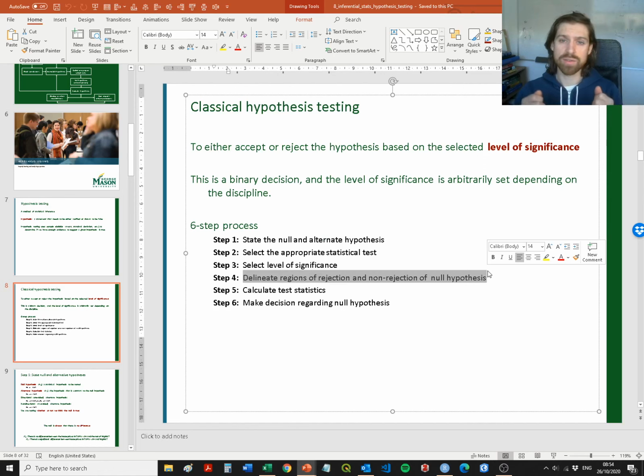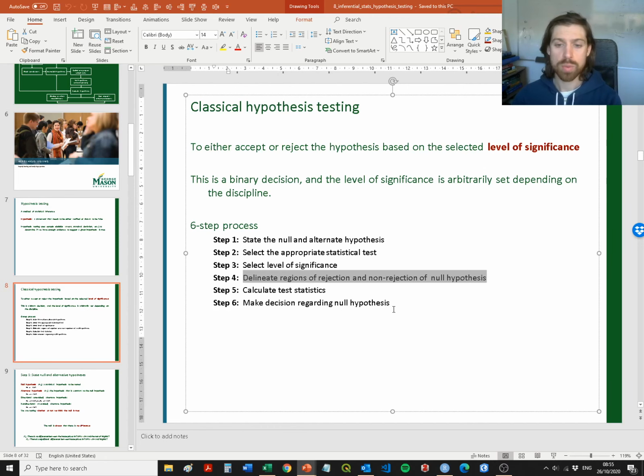So remember, we had to find the lower bound and the upper bound if it's a two-tailed test. Or if we think it's directional, we'll have to find just the lower or the upper bound. And we need to find that bound in relation to the number of standard deviations away from the mean, so that we can be potentially 95% certain that the result hasn't just occurred by chance, if we want to actually reject the null hypothesis and accept the alternative hypothesis.